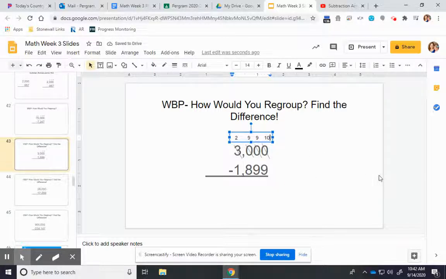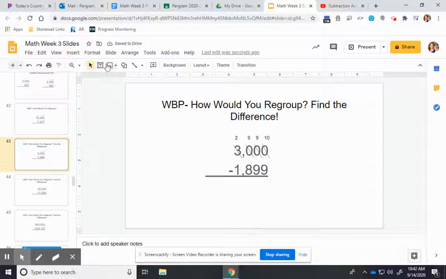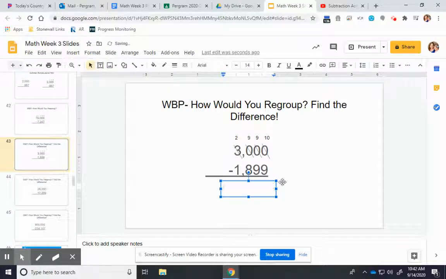Once I've done all of my regrouping, I can come down here and I can solve. So we always want to start over here, which is a little bit awkward on a computer. So this 10 minus 9 is a 1. And then we have 9 minus 9, which is a 0.